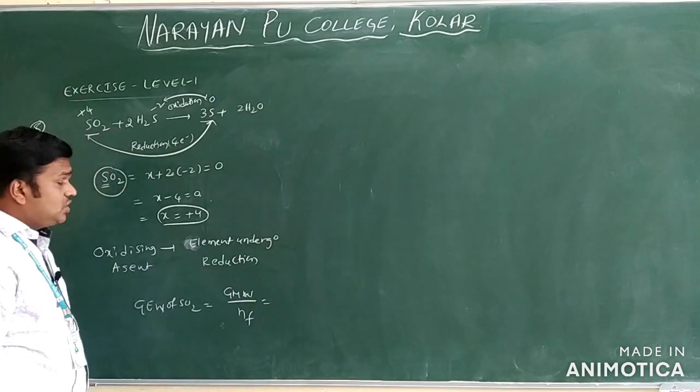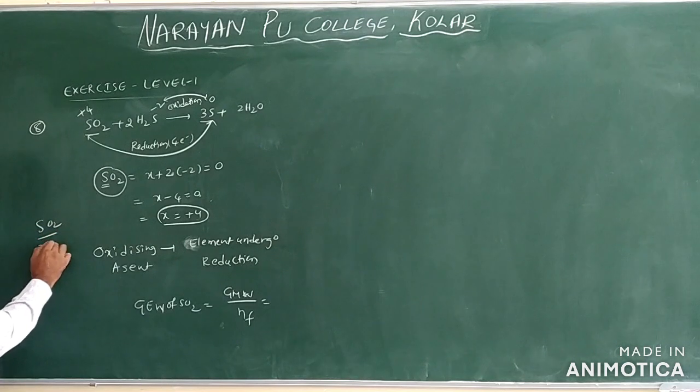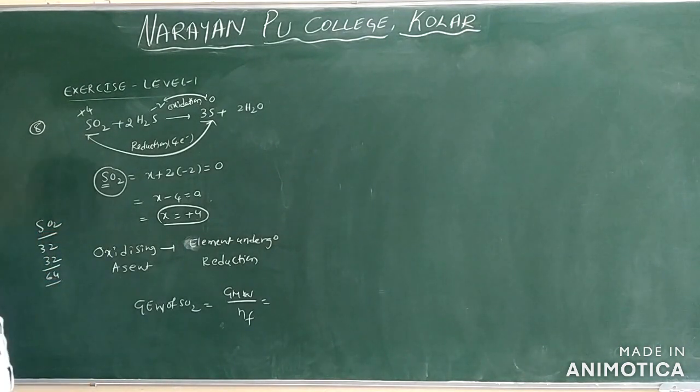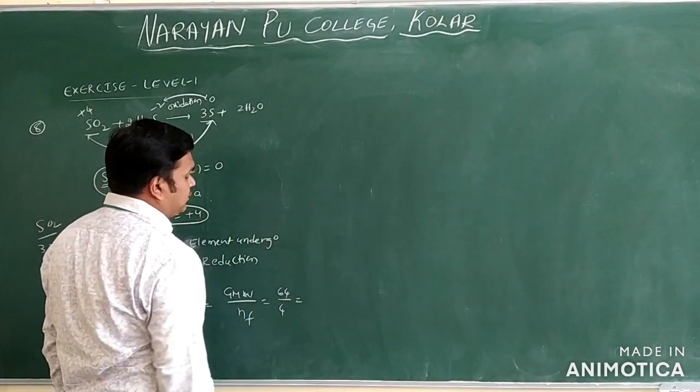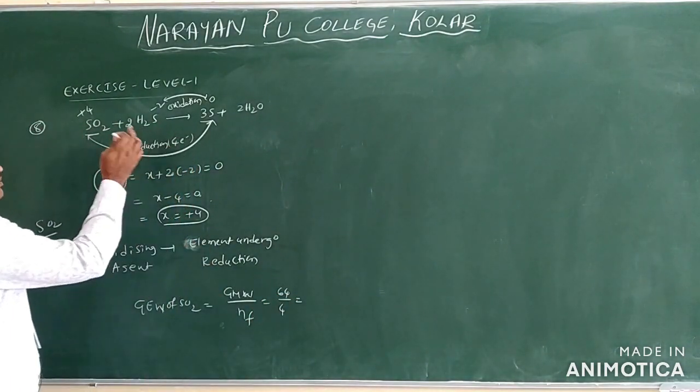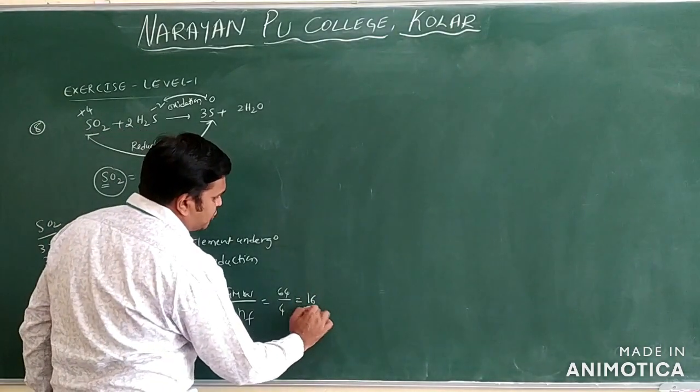Now we'll write here: gram equivalent of SO2 is equal to gram molecular weight by n-factor. What is the gram molecular weight of SO2? Sulfur is 32 and oxygen is 2 into 16, 32. Total is 64 only. You will write 64 by 4, because the n-factor is 4 only. Then you will get 16 only.